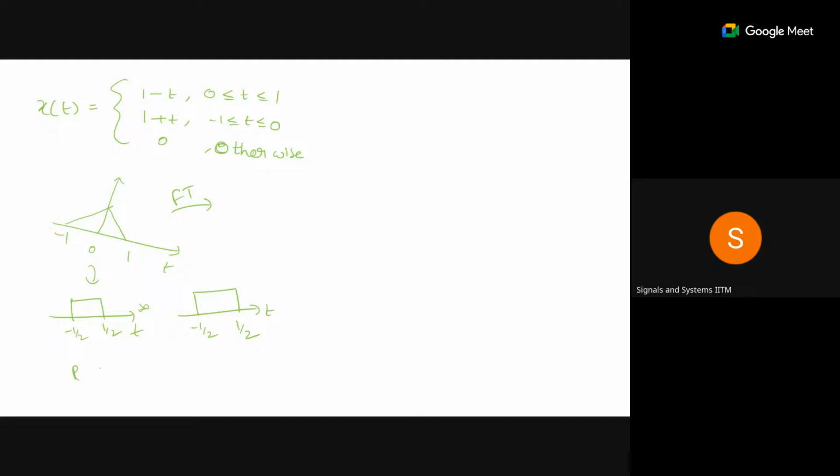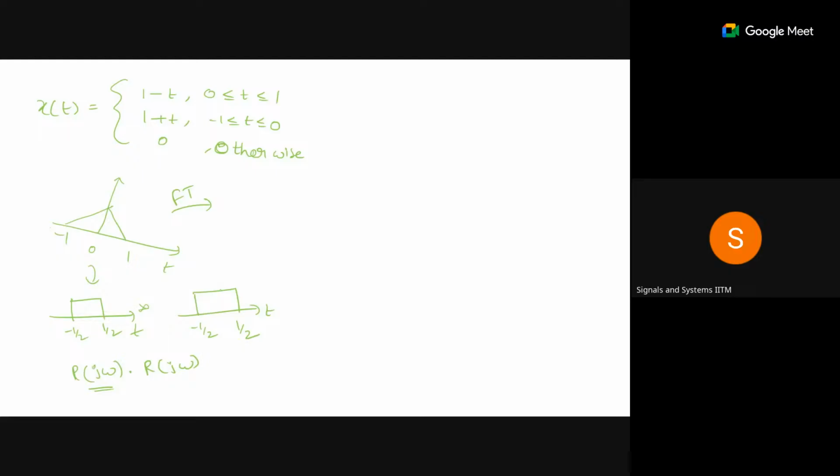So it is rect of j omega into rect of j omega, that is, the Fourier transform of rectangle multiplied with the Fourier transform of rectangle.